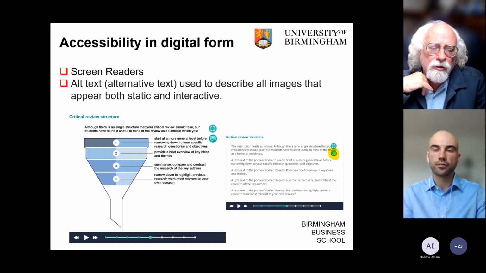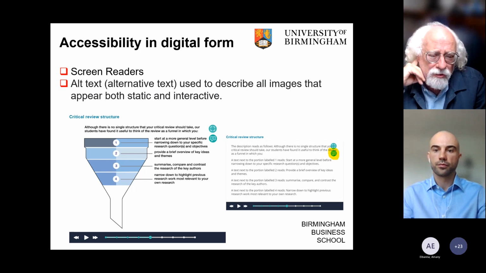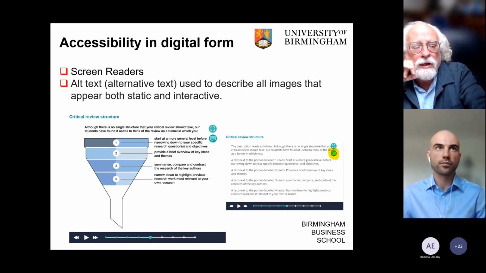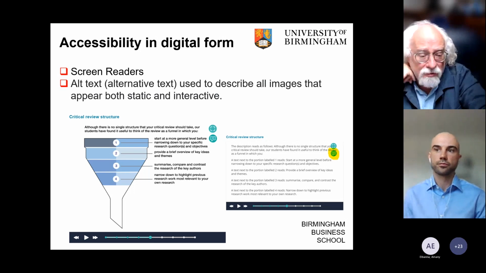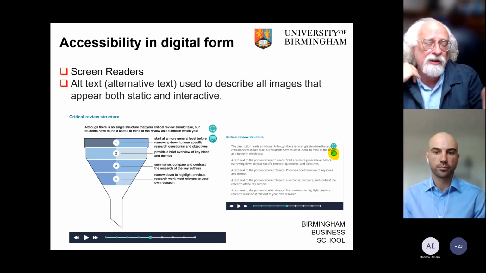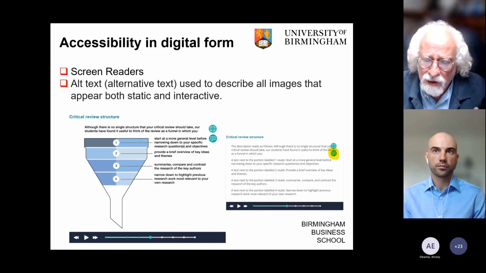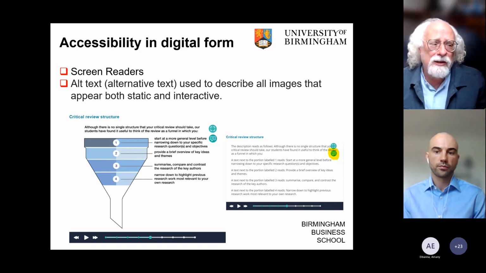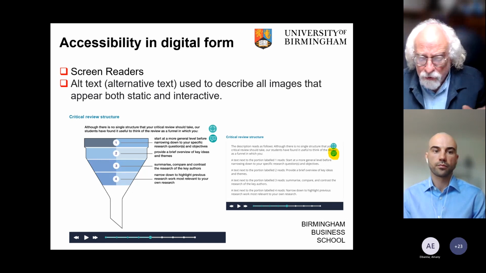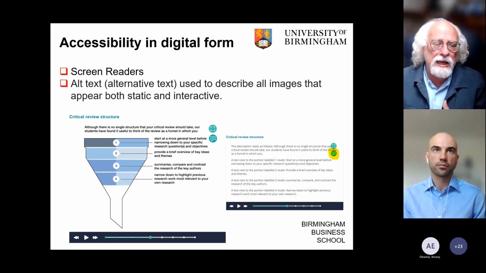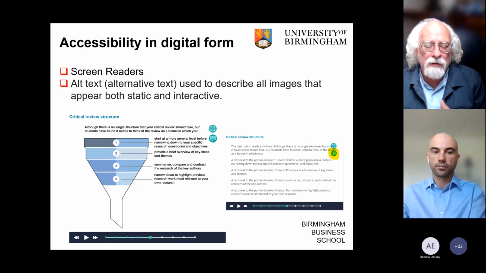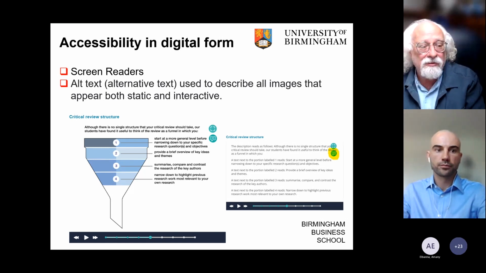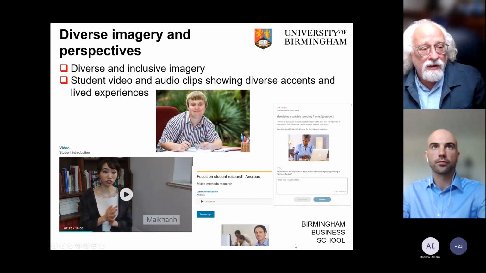And then for people who are partially sighted, we can have alternative text, which not only describes the funnel, but then speaks what's going on in each of the sections within that funnel as it narrows down. So you actually get a full description of what it would look like to a sighted person for a person who is visually impaired. So we enable both sides. And we do this for both images which are static and interactive. Let's have the next slide.